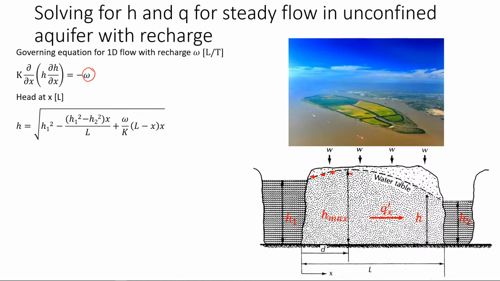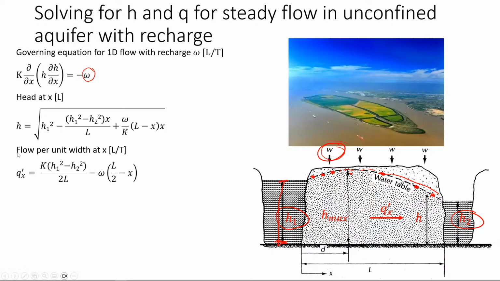All you need is to know how much water is the recharge amount, the W, and the boundary here. You know this one, you know this one, then the head here could be calculated. Your water level inside this unconfined aquifer could be calculated.